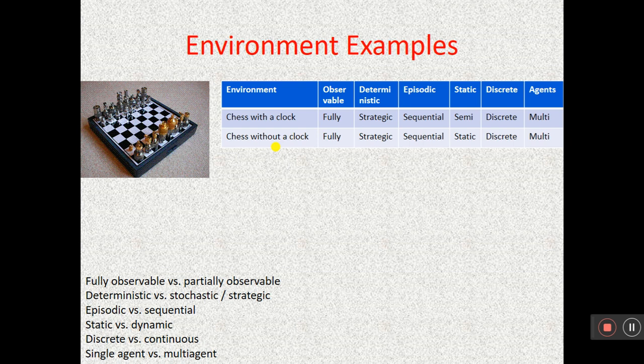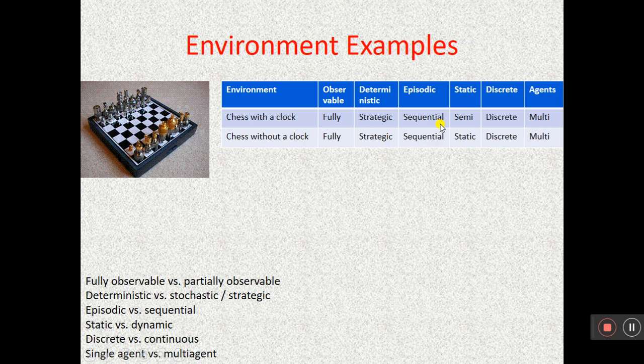Here you can see that this chess game environment is fully observable, and if you have a chess without a clock, that is also fully observable. Whether this is deterministic, this environment is strategic. Both examples are strategic because we have to make some strategy before moving.